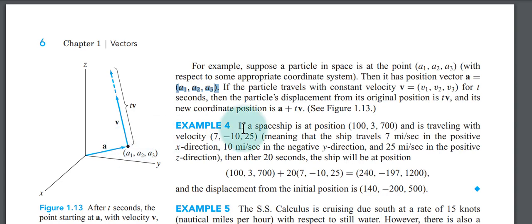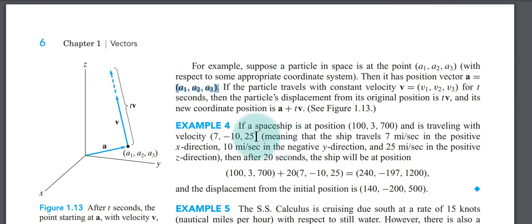And then it's going to move in the v direction. In 1 second, it's going to move v. In 2 seconds, it's going to move twice v. And in general, it's going to move tv. So it starts here, and then it's going to move in this direction.